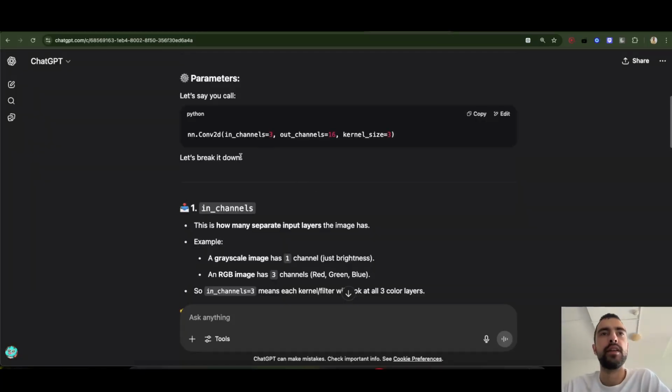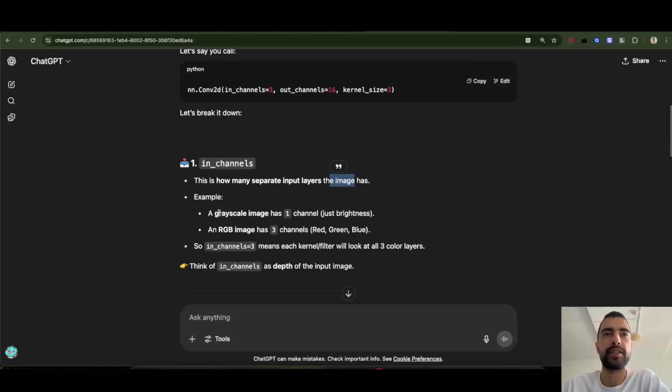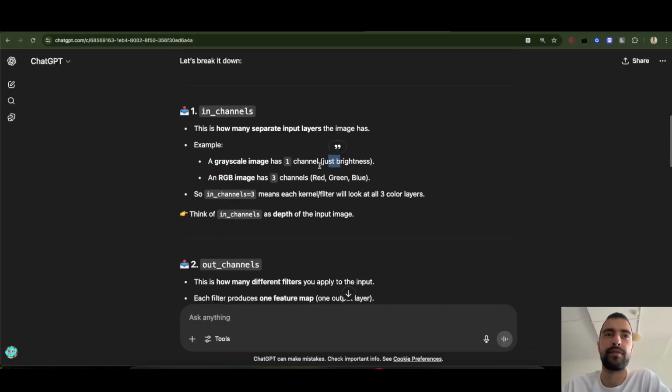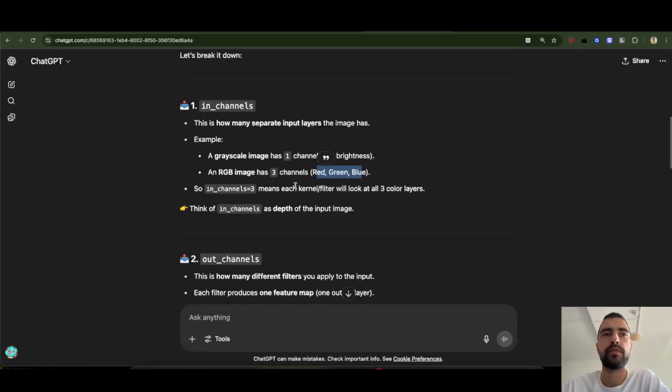So let's see. In channels is how many separate input layers the image has. For example, a grayscale image has 1 channel, just brightness. An RGB image has 3 channels, red, green, blue. So in channels 3 means each kernel filter will look at all three color layers.